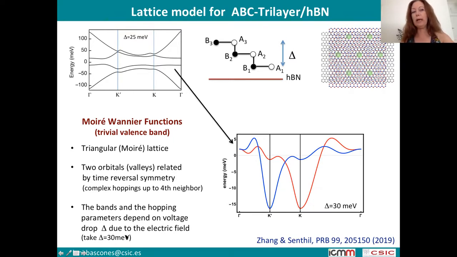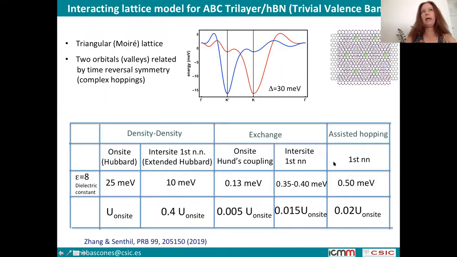But in principle, similar physics can be expected as far as the Wannier model is valid. I'm going to dope, so whenever I talk about doping, I'm doping from here. This is hole doping.